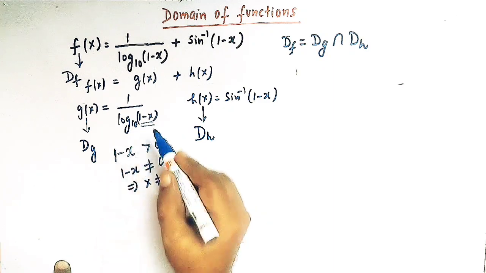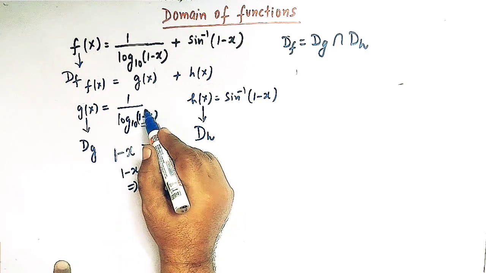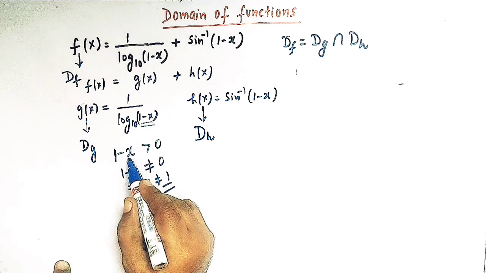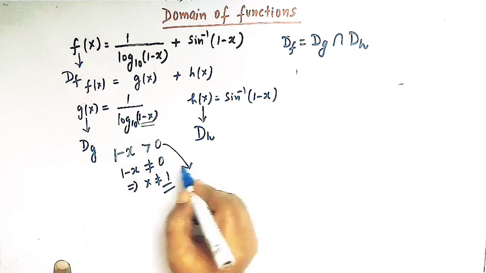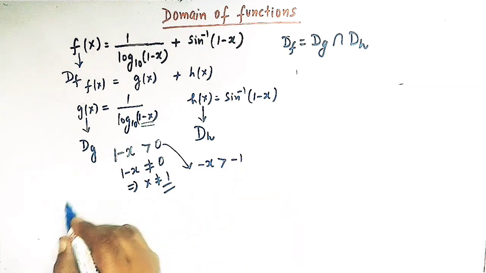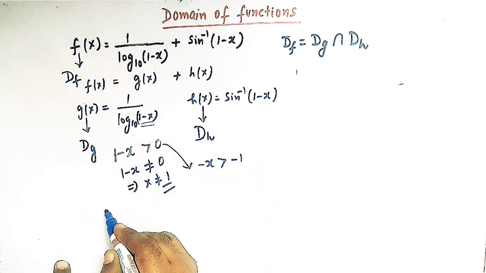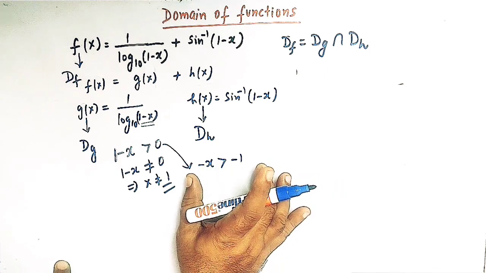So 1 minus x should be greater than 0, because 1 minus x should be a positive quantity, right? Solving this inequality, we get minus x greater than minus 1, taking 1 to the right hand side and then multiplying both sides by negative 1.